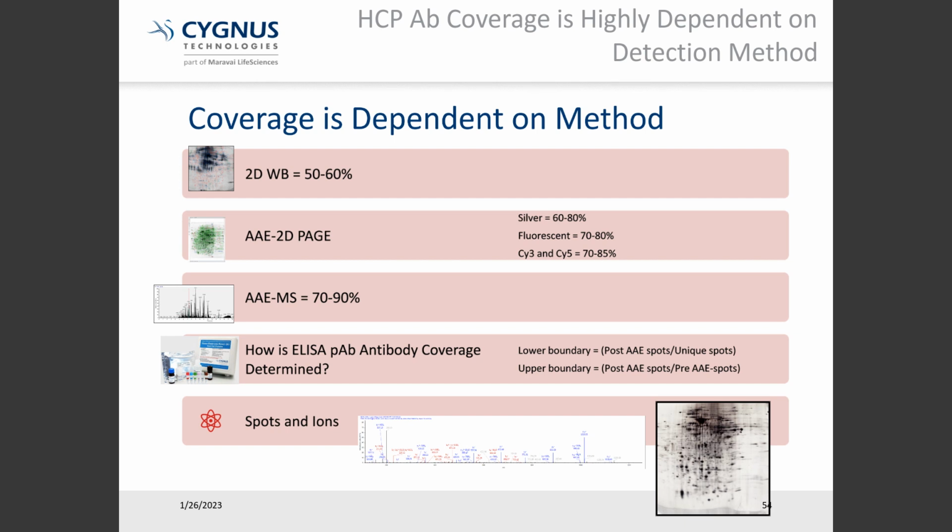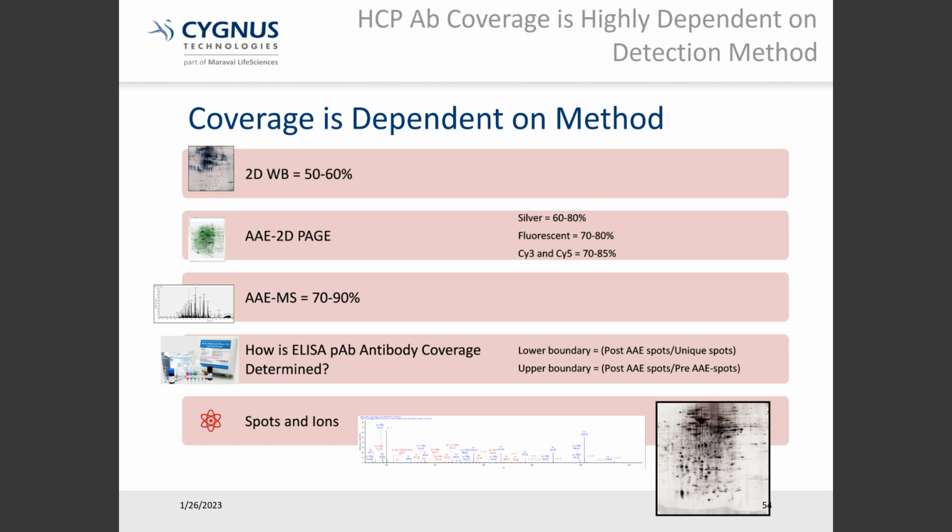An example here, I don't think we have the data, but for the 2D Western blot, we have our same, this is a CHO example, I believe. But we run the same reagents, so the antibody and the antigen, in 2D Western blot, AAE silver stain, and AAE Mass Spec. And you can see coverage differences, ranging from 50 to 90% on the same reagents, just using different methods.